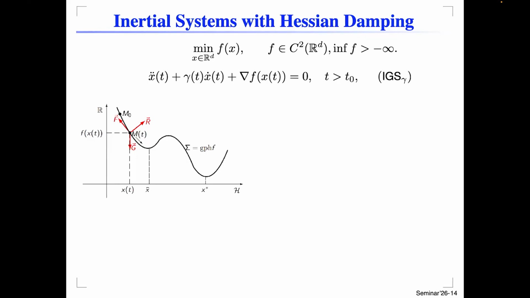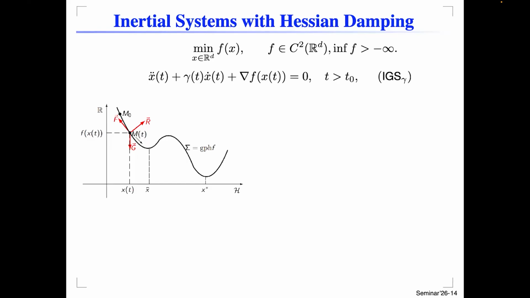And here you have your favorite skier going downhill under the action of three forces: it has a mass, so necessarily the gravity, the reaction of the landscape, and then friction. I'm going to neglect the reaction of the landscape, and assume the particle has unit mass. Everything is normalized.